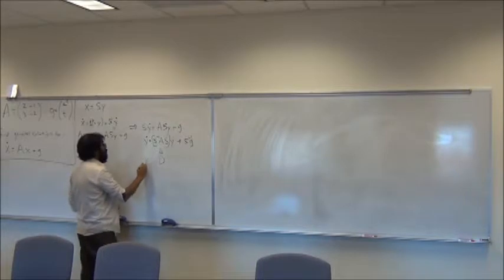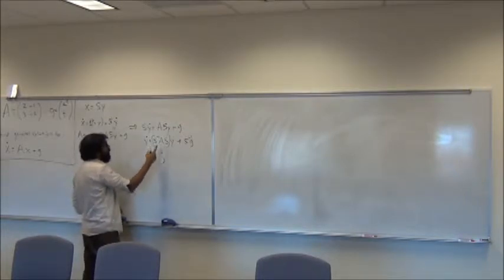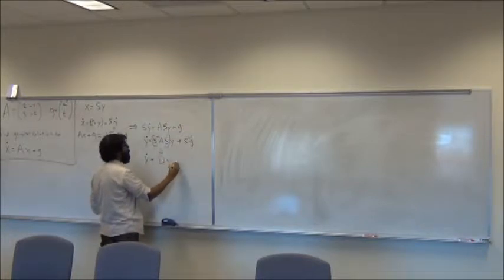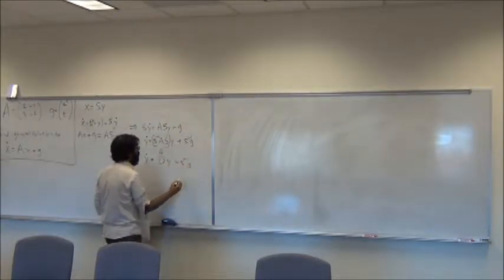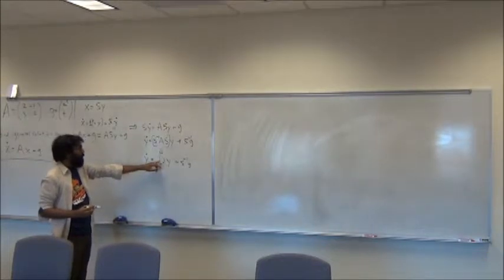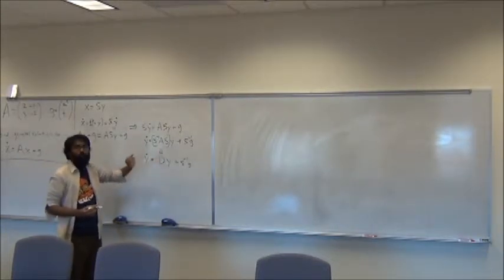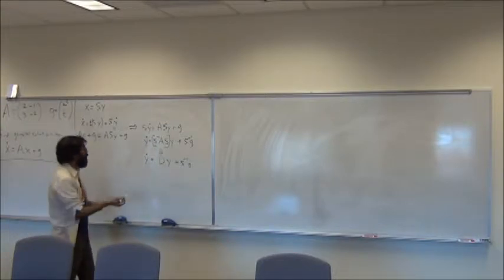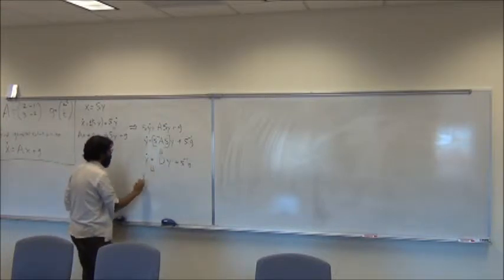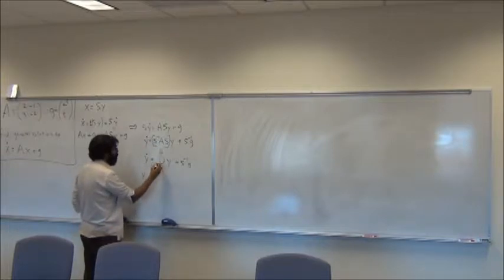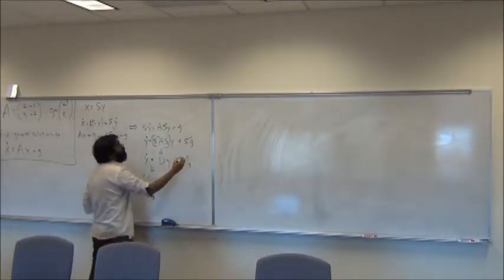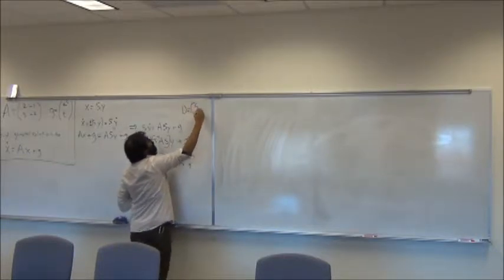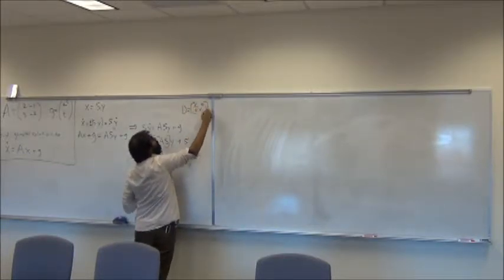So then if we can find an S like this, we're going to be left with y dot equals D y plus S inverse g. And because this matrix is diagonal, we're effectively going to have decoupled our system. Let's say D is lambda 1, lambda 2, 0, 0.